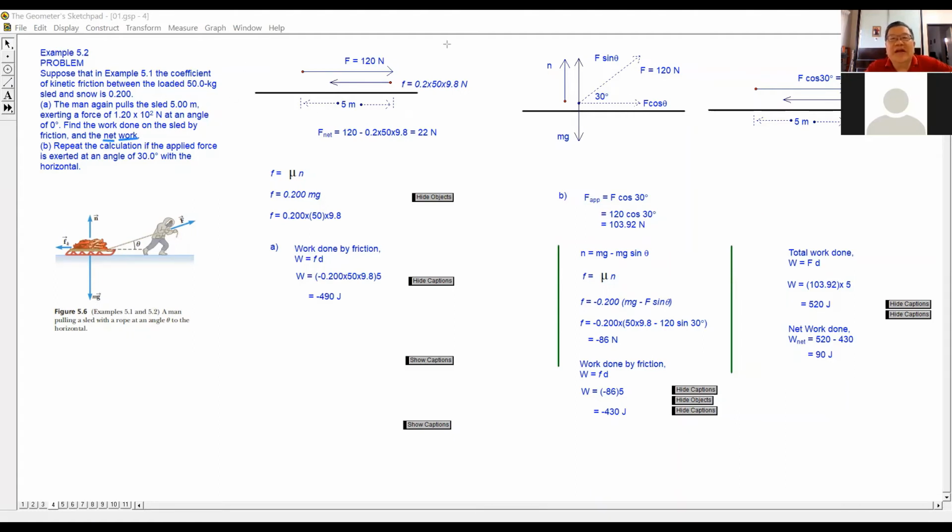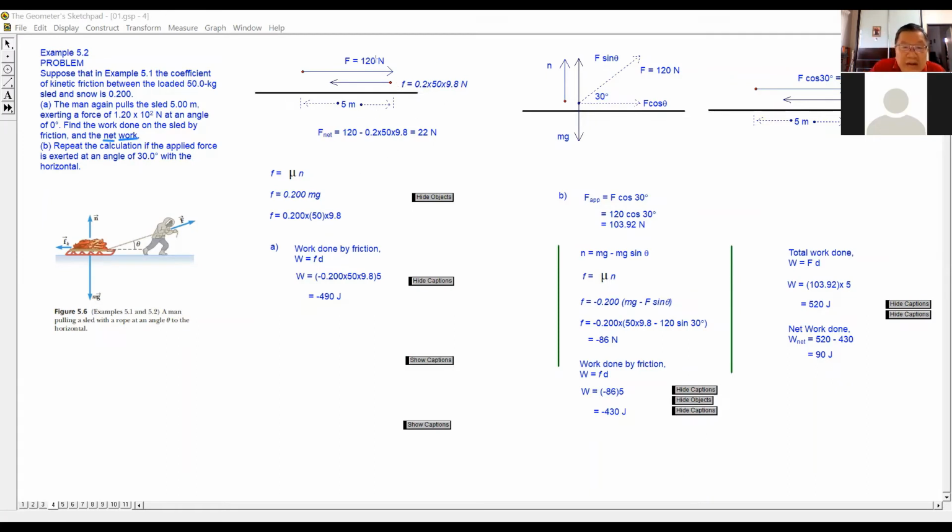Now, if you look at this diagram here, the force exerted is 120 newtons. The frictional force is, sorry, 490 was the work done. The frictional force is how much? 0.2 multiplied by 50 multiplied by 9.8, so it's about 98.